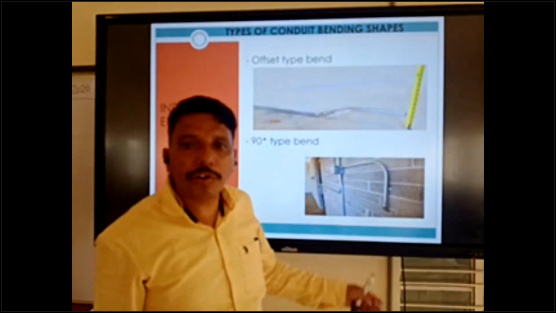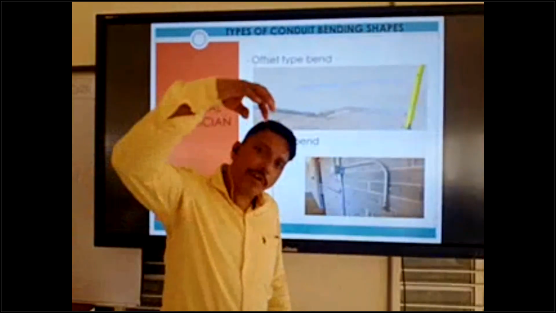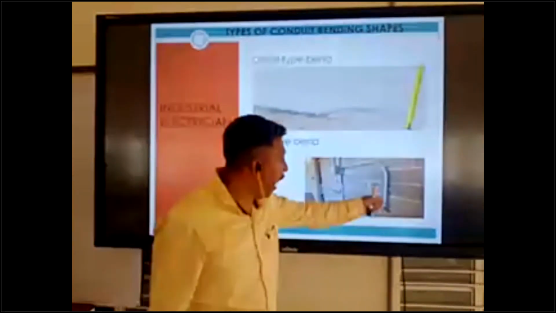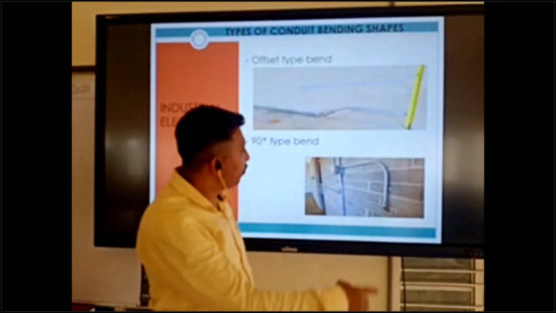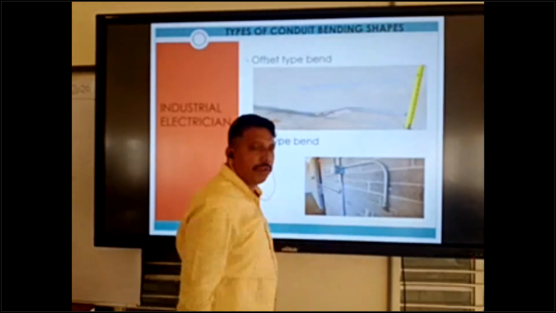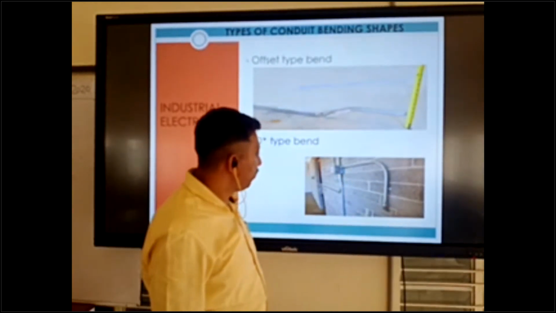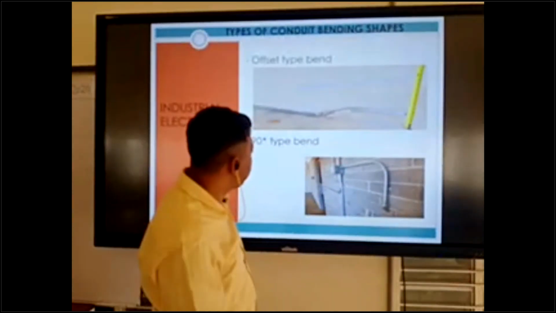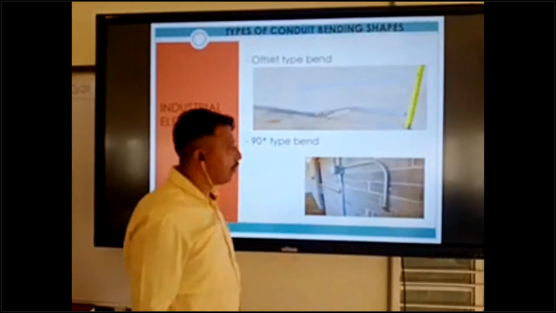You see here, one pipe is coming and dropping down the wall. There is the marking. So this is the 90-degree bend.